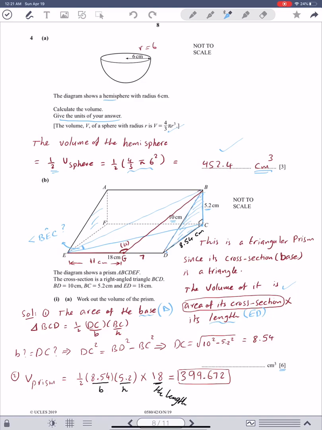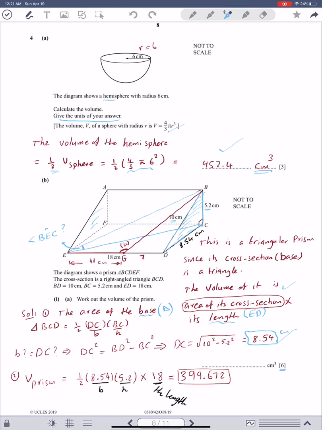So DC is equal to the square root of 10 squared minus 5.2 squared, because BD is the hypotenuse in this triangle. You'll be getting DC, the base of the triangle, 8.54 centimeters.